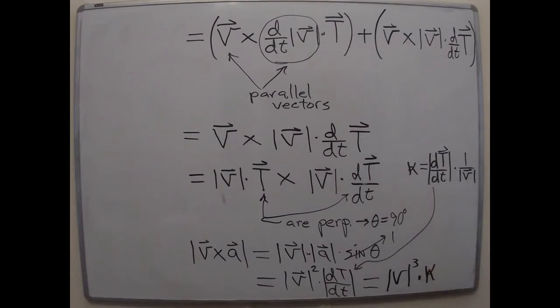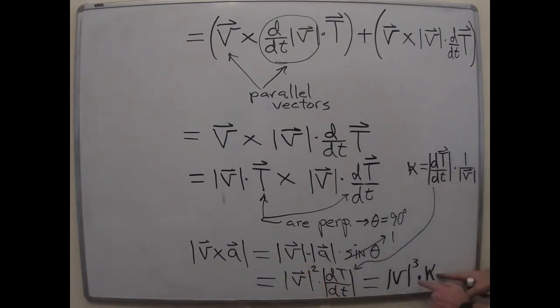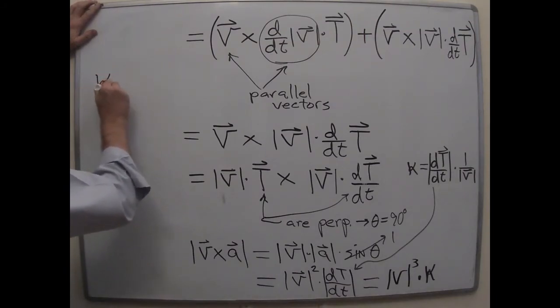Weird looking kappa. So this is the thing that gets us our alternative formula, because you just solve it for kappa. Kappa times v cubed, speed cubed, is the length of v cross a. Just divide everything by the speed cubed and you've got kappa. Let me write it one more time over here on the side.